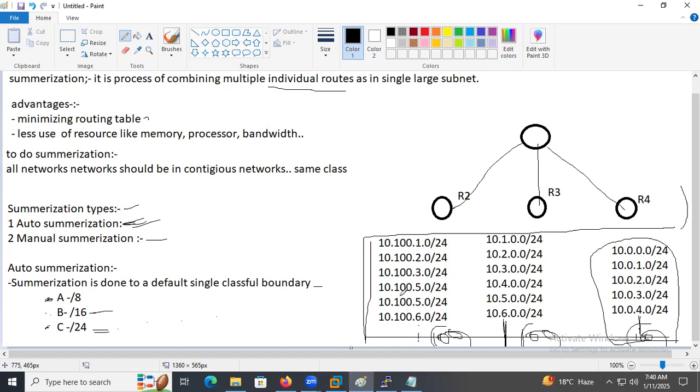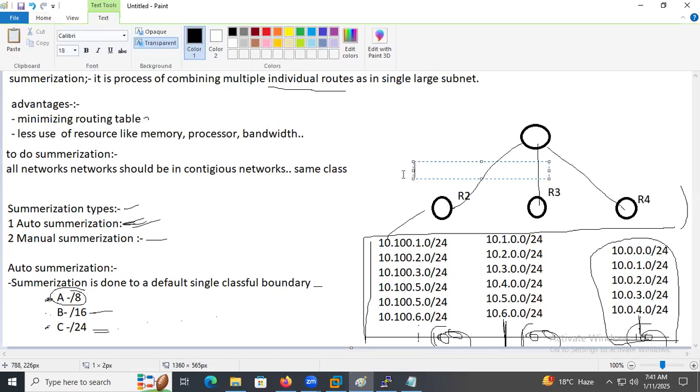Now, summarization is the process of combining multiple individual routes into a larger subnet. And EIGRP actually does this by default. If you don't give the command no auto-summary, it will do auto summary. When you do auto summary, router 2 will summarize to its default classful network of /8, meaning router 2 will advertise all these networks as 10.0.0.0/8.